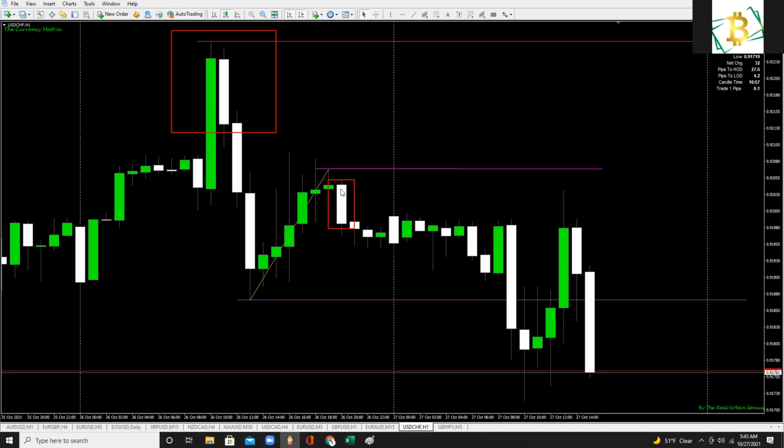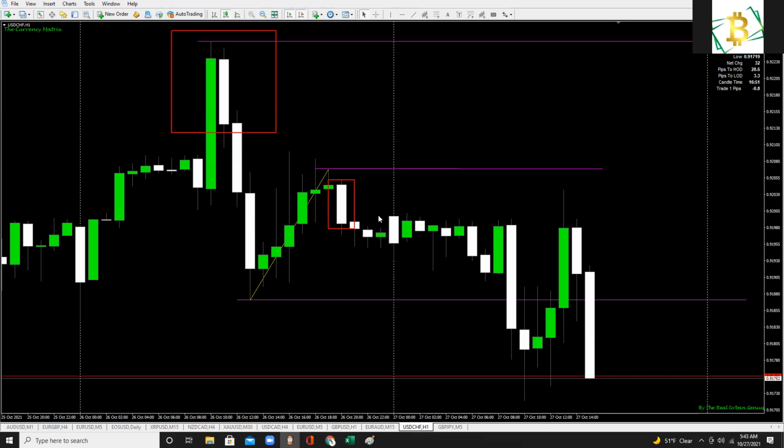There was no opportunity to sell until after this candle closed and confirmed and painted on the board, which sent us in a downtrend down this way. Now, if you look here, after this series of a downtrend here at the low, we have a bullish candle, a bullish doji, which signified the reversal.